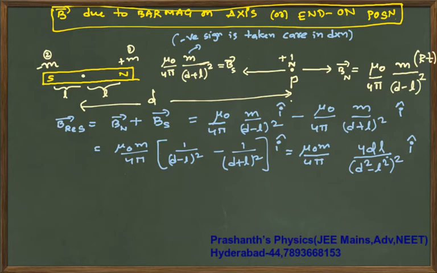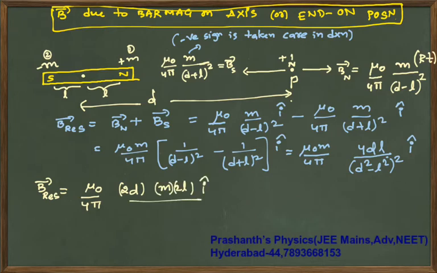So your resultant magnetic field is, keeping the proportionality constant aside, mu naught by 4 pi times 2 times d into small m into 2l into i cap by (d square minus l square) whole square.